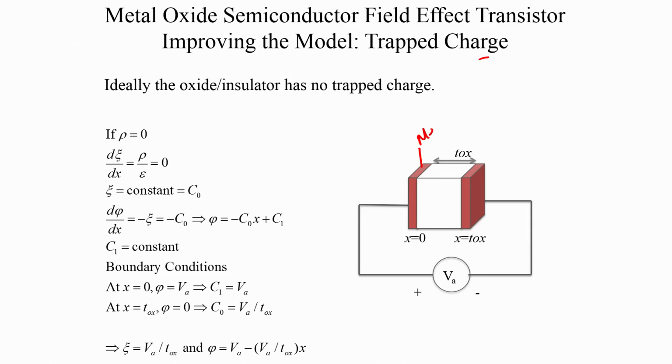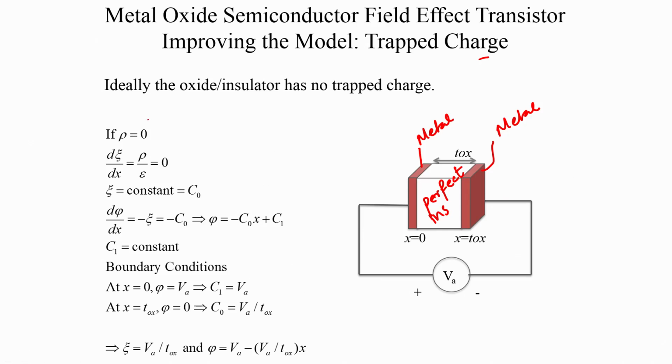So, you have a metal plate here and another metal plate here, and you have applied a voltage VA across these metal plates, and you have a perfect insulator, that is an insulator with no defects and no charges inside, sitting between these two metal plates. So, it is a perfect capacitor, and the insulator has a thickness of Tox.